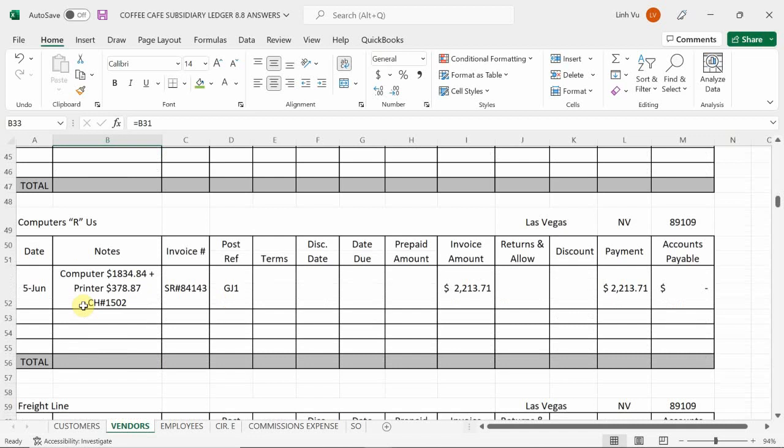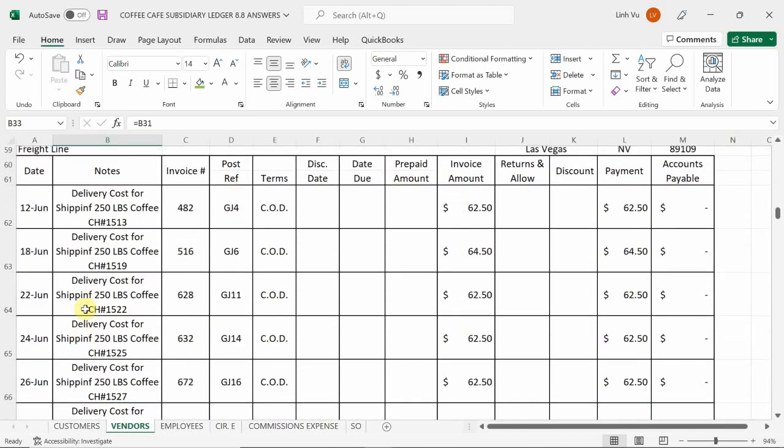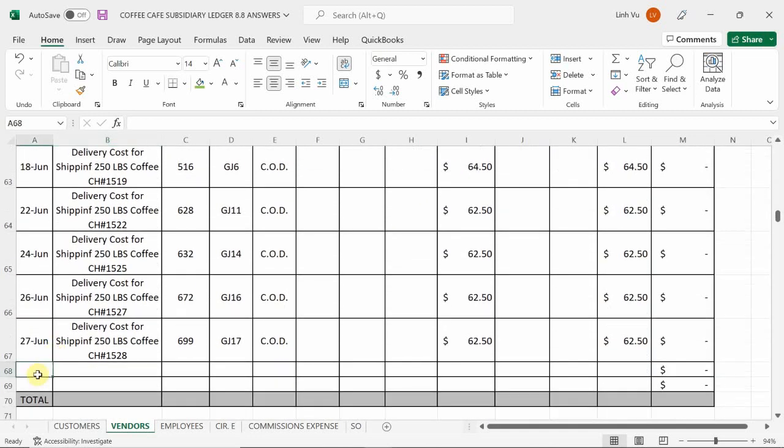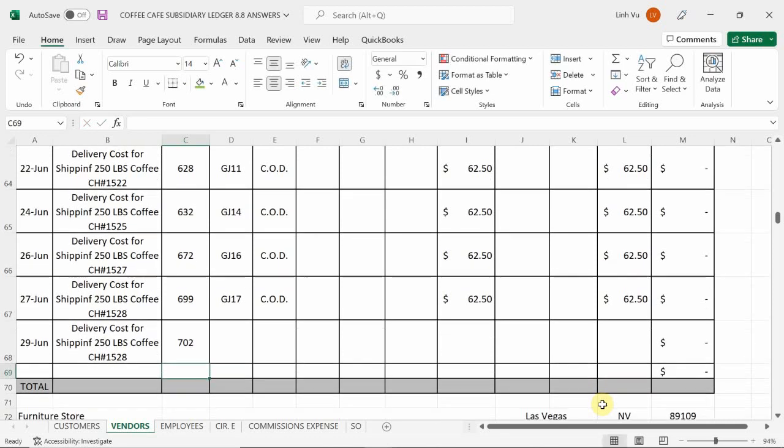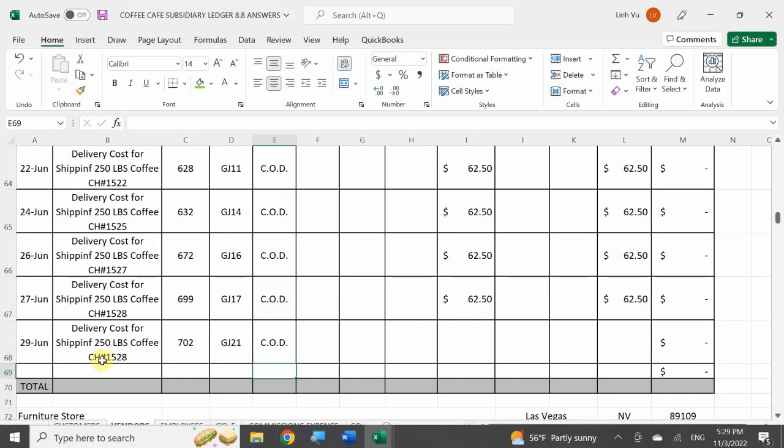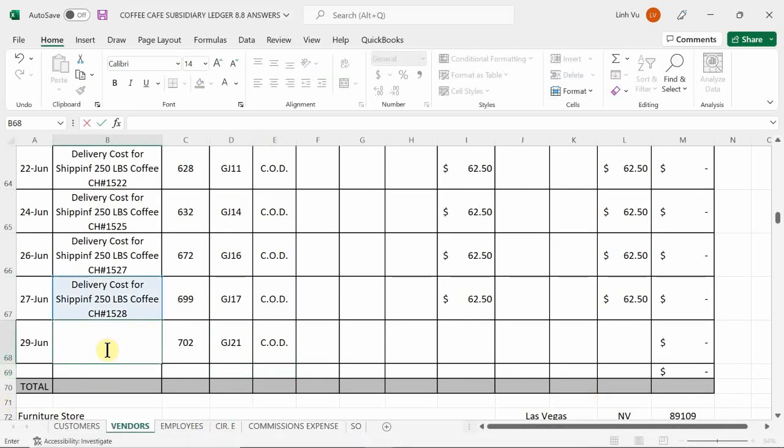And of course, don't forget to do the freight line. So it is $629. Delivery on 125 pounds of regular coffee, 250 pounds of coffee. Invoice number 702. Journal 21, COD. Oops, I forgot. You have the wrong check number.